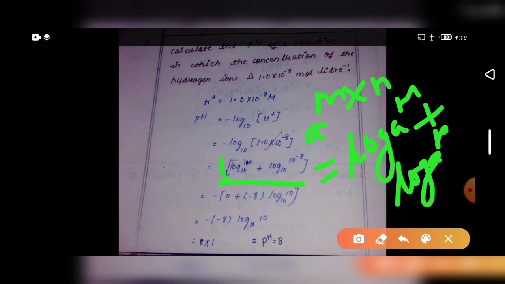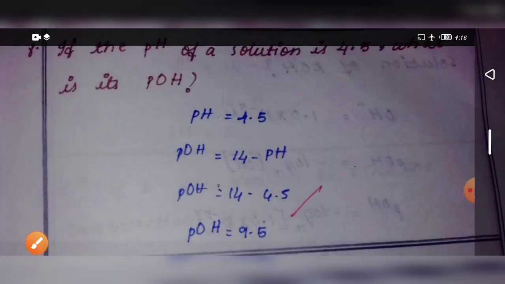This one goes to 0, because log b base b, 1.0 and 10 are the same base. So it goes as 0, but here in the a power n format, n will come in front. So log 10 base 10, you know very well, that value is 1. So 8 into 1 is equal to 8, pH is equal to 8. That's all. Okay, next sum.